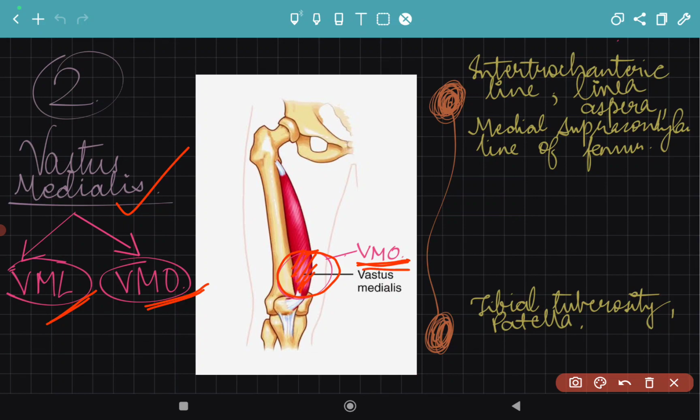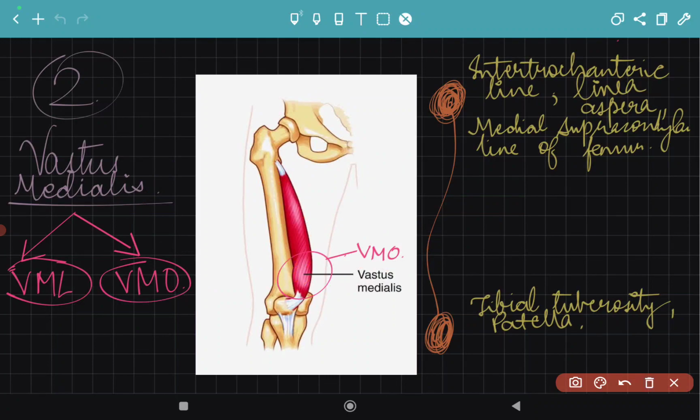The rest of the upper fibers are vastus medialis longus. So the upper one forms the vastus medialis longus, and the lower fibers form the vastus medialis obliquus because of the muscle fiber arrangement. It is important to know this as it has an association with the clinical aspect.